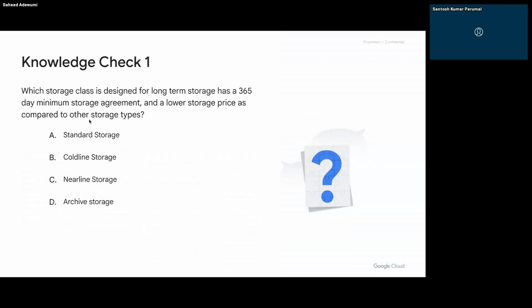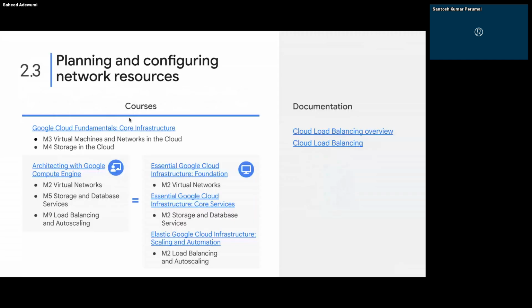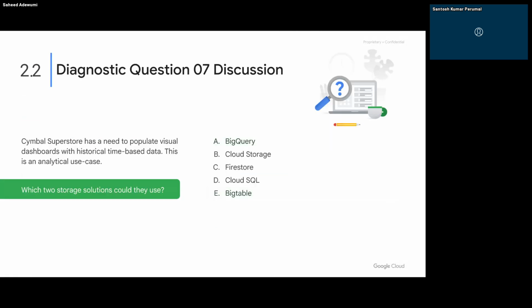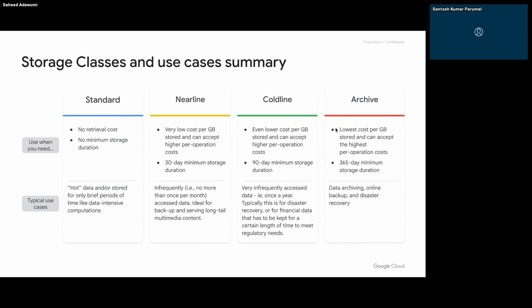Here we have our knowledge check. Which storage class is designed for long-term storage, with a 365-day minimum storage agreement and a low storage price compared to other storage types? If you remember when we were doing this, they were talking about the minimum storage duration.